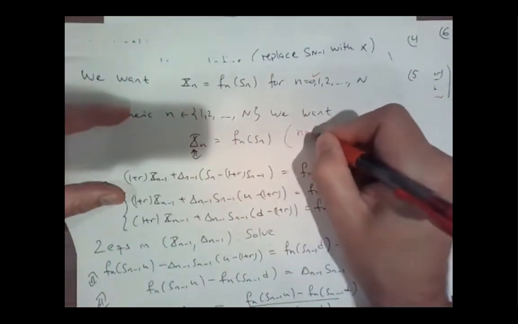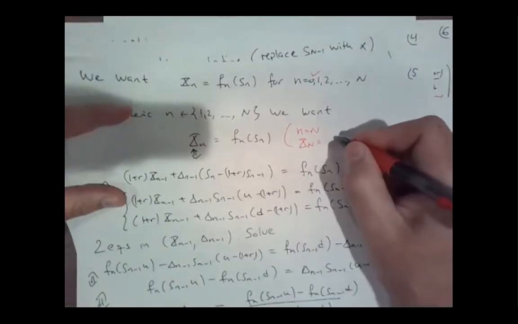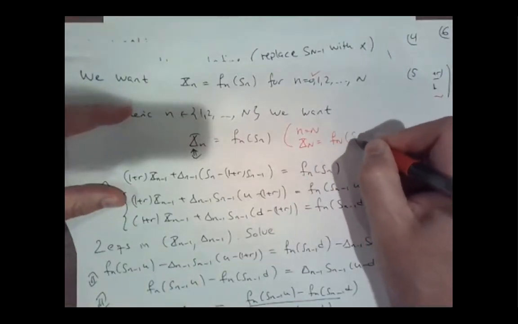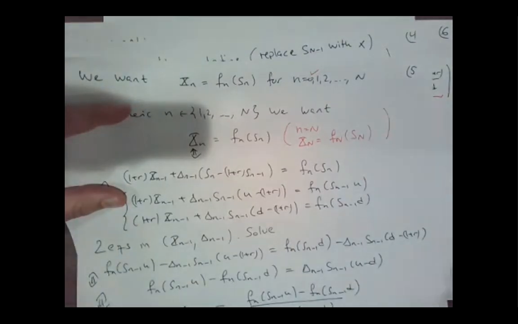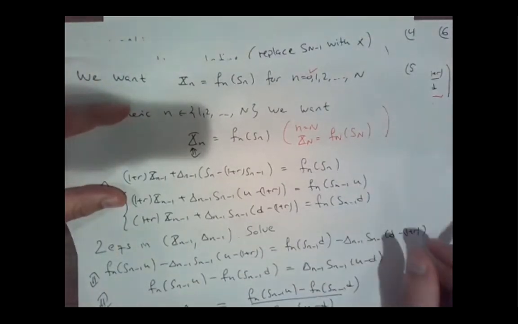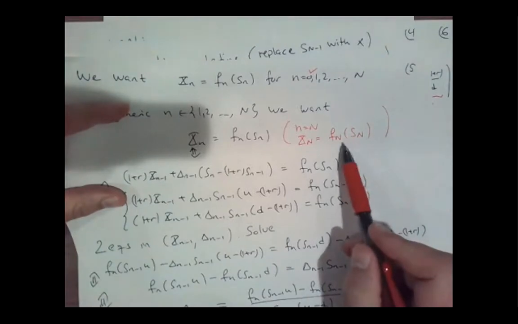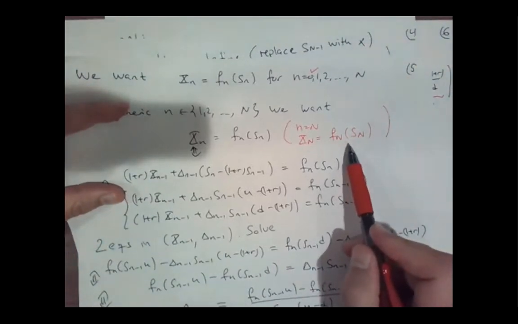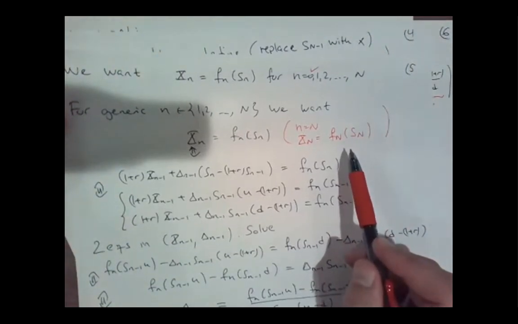So when I take n to be capital N here, I'm going to get that xn is exactly equal to fn of Sn, which is the derivative's payoff. So I have myself a wealth process that has the property that it ends up exactly where the derivative's payoff is. Okay, so then I'll just look at what the initial wealth is, and this is going to be my arbitrage price.